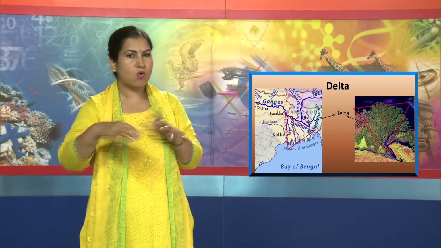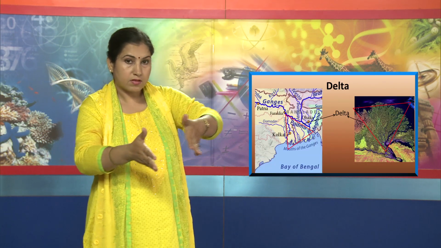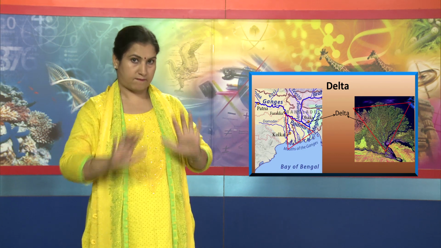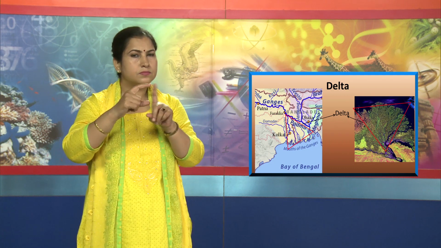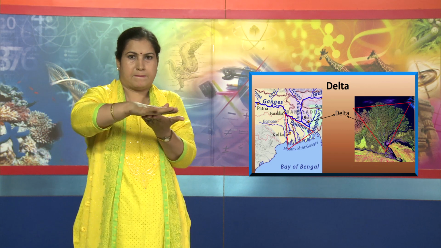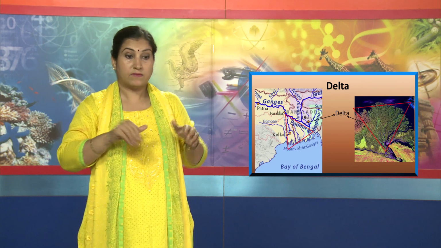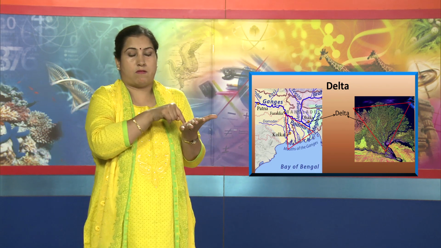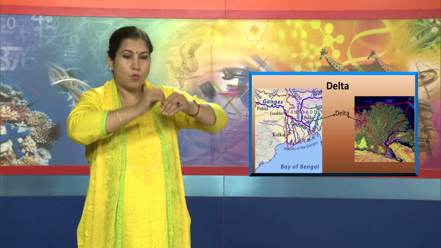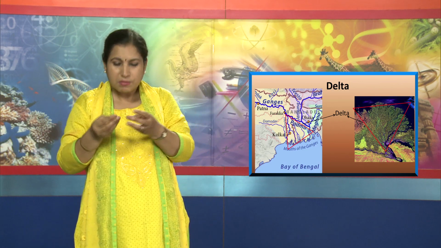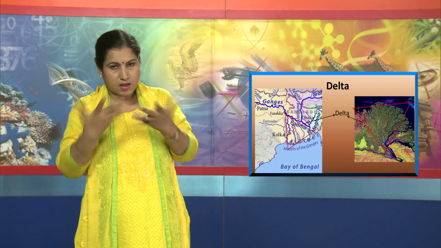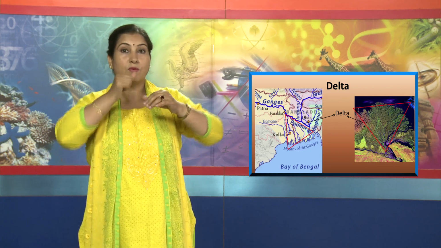Another term which is used while knowing about river is delta. Delta is a triangular shaped land at the mouth of a river formed from the deposition of silt and sand that flow downstream in the river.